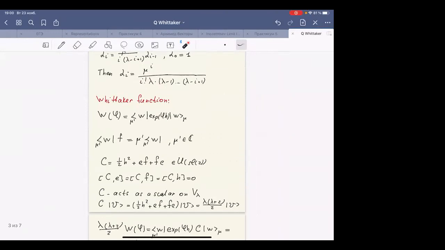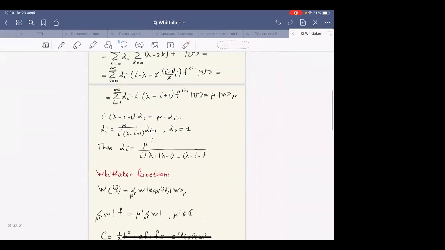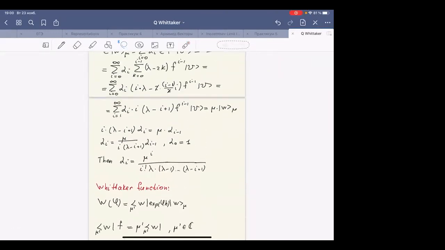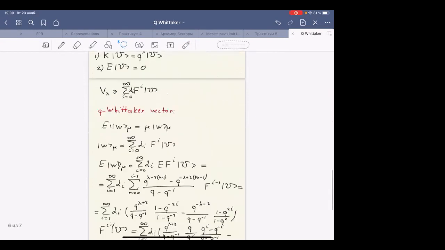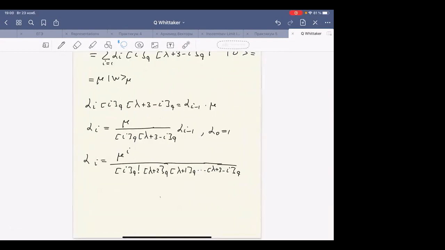Okay, let me copy paste and then we will compare. Okay, I copy and then I will paste. Enumerators are the same. This is very good. So here we have ordinary factorial.